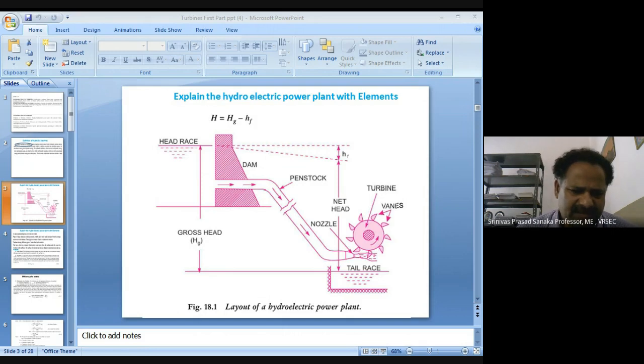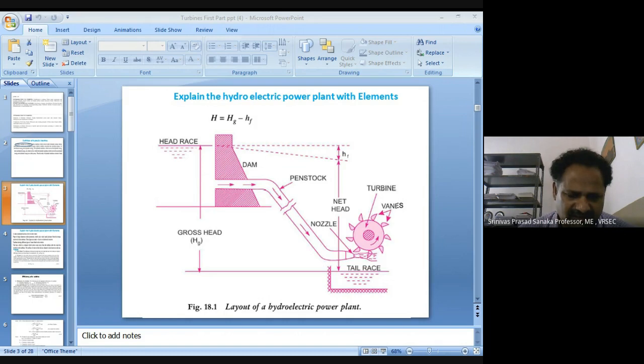After impingement, the water has to be collected. The water which is collected after developing the power is conveyed through the tail race.